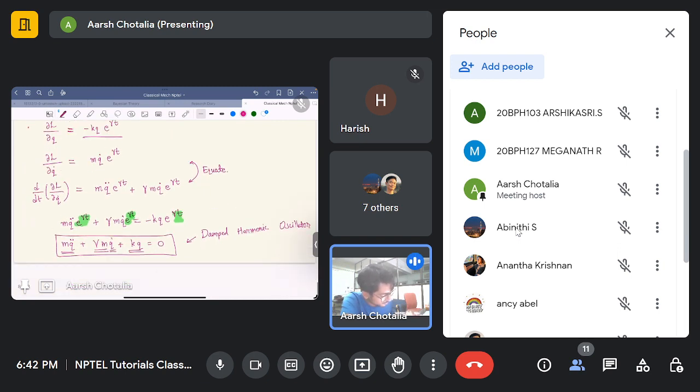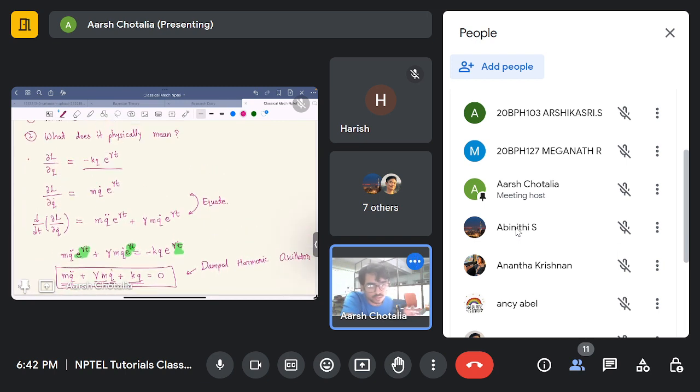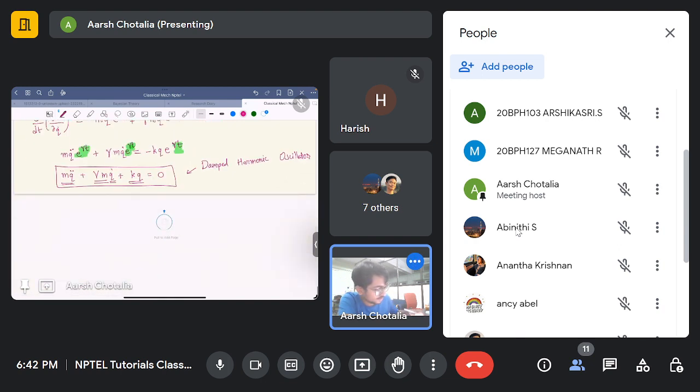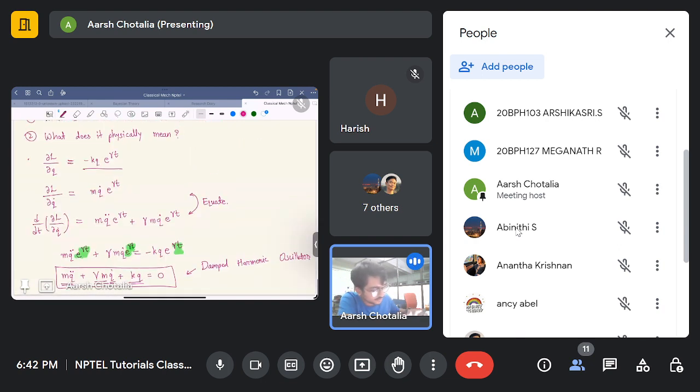So you see, just by writing this e to the power gamma t, we can get an equation that is damped, dissipative. That's the beauty of Lagrangians. If you start playing with them, you can extend the ideas. You can have many systems. That's why they generally use Lagrangians and Hamiltonians when generalizing high energy theories in quantum field theories, string theories, everywhere.